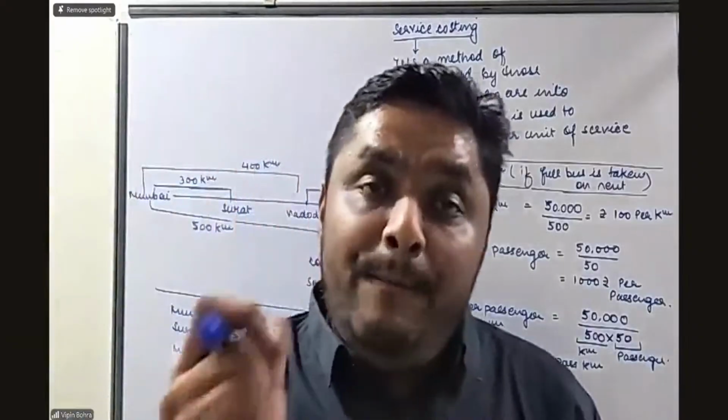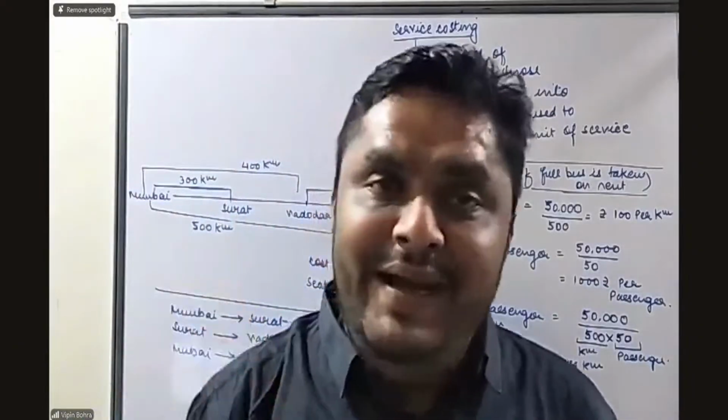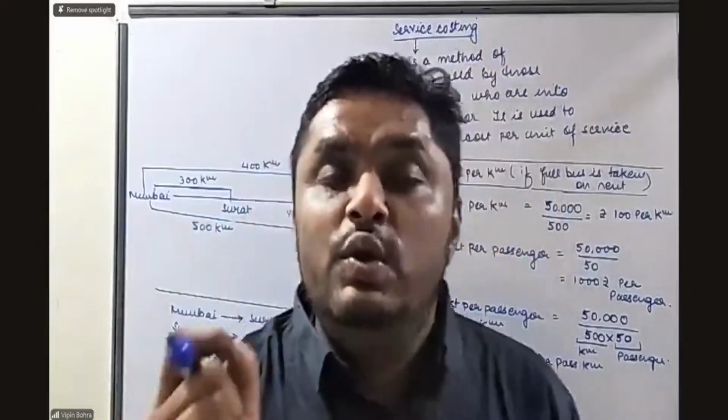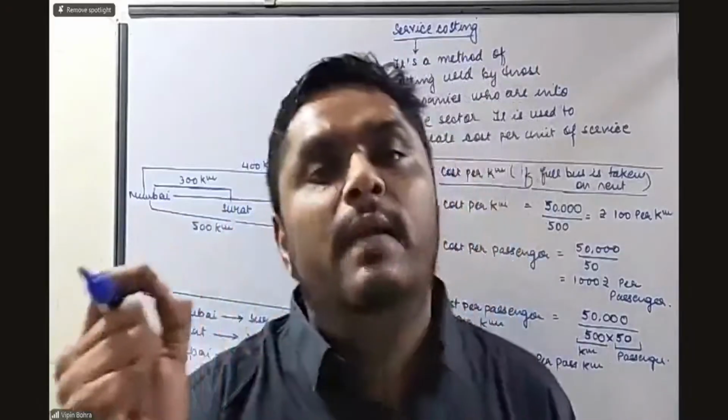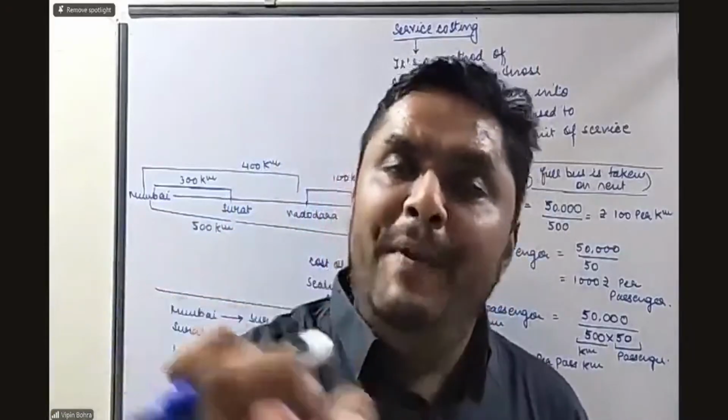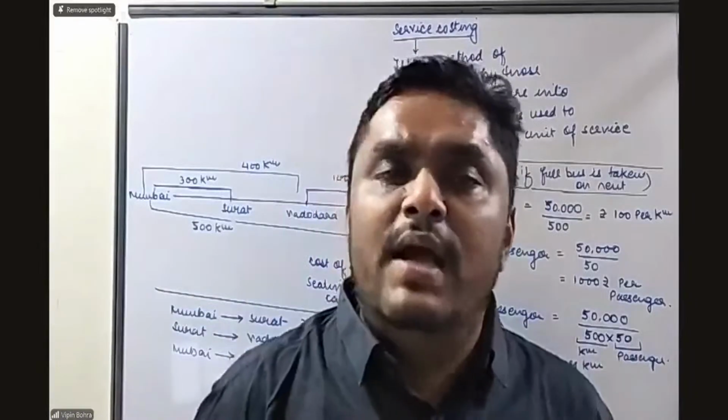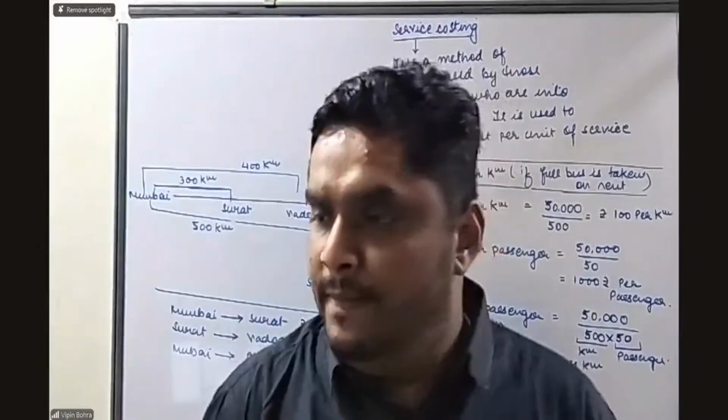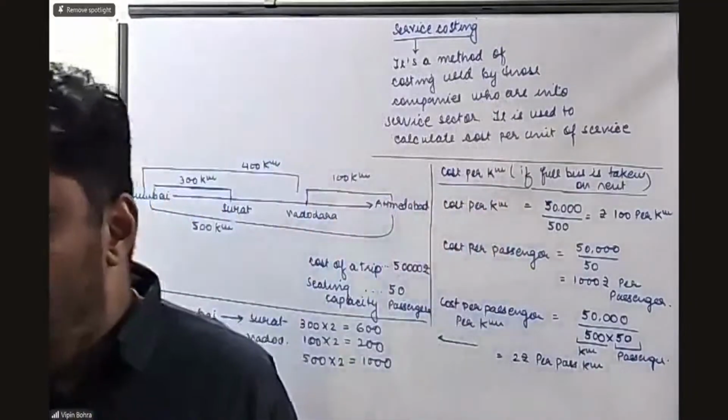So herein, practically this method is widely used, wherein we calculate the cost per passenger per kilometer, and depending upon the distance traveled, the bus company fixes the fare. Anyone having any doubts till now?